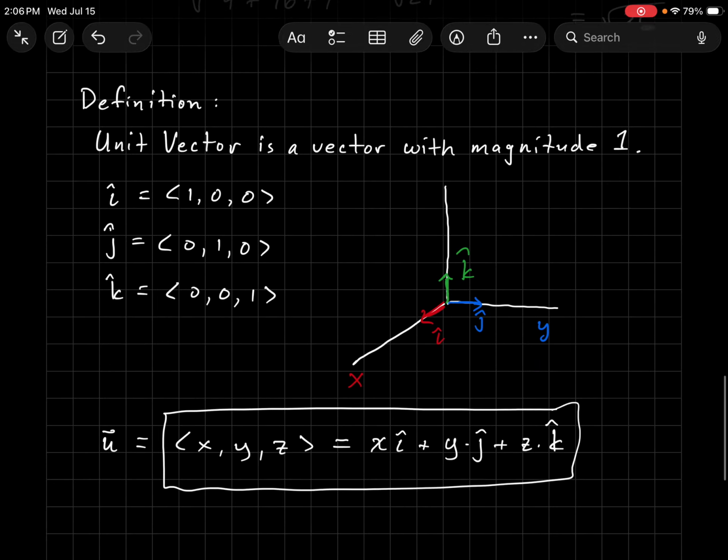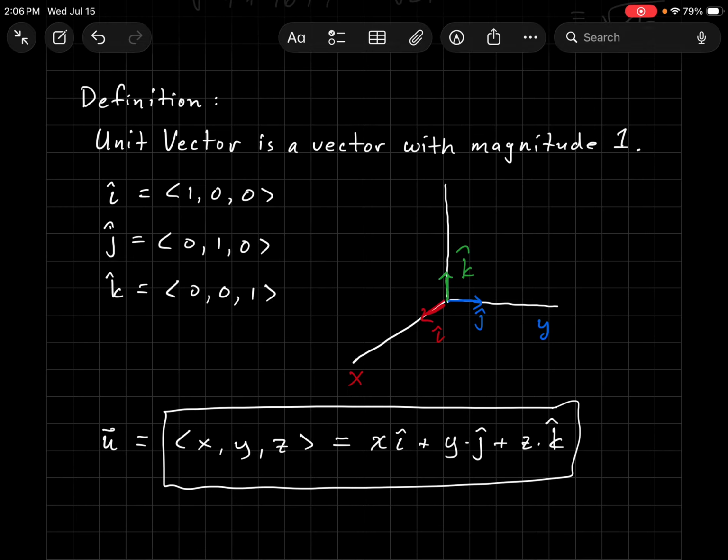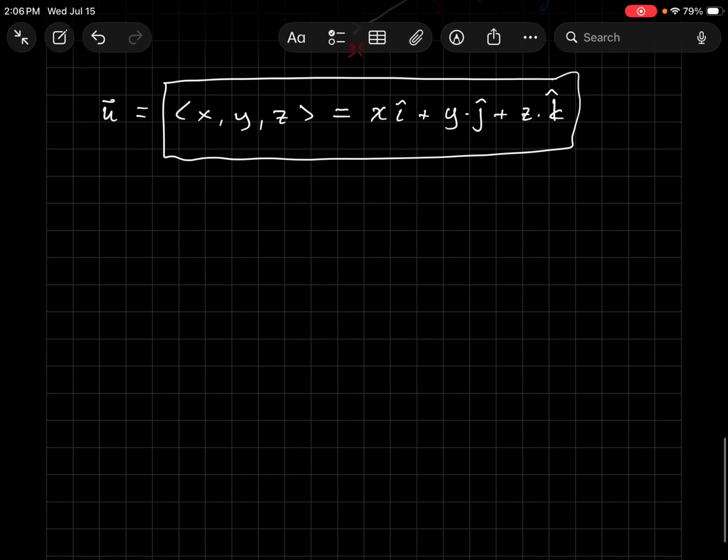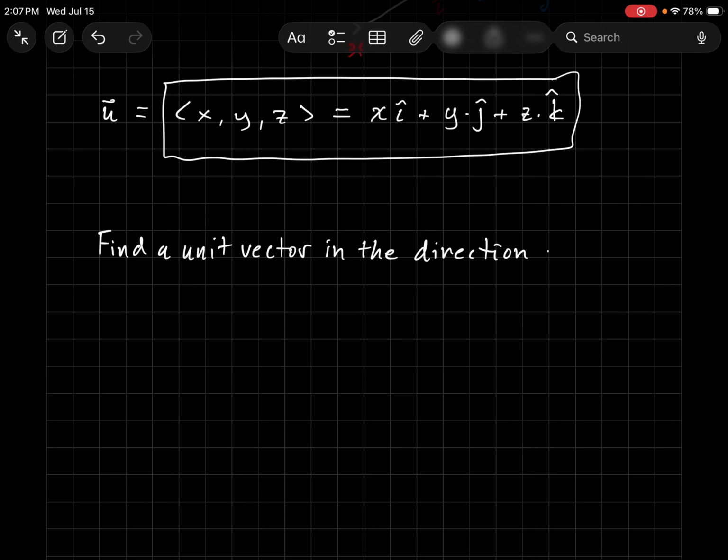So we have a unit vector. Very often what we want to do is find a unit vector in the direction of a given vector. So how would we do that? I'm going to call my vector v.